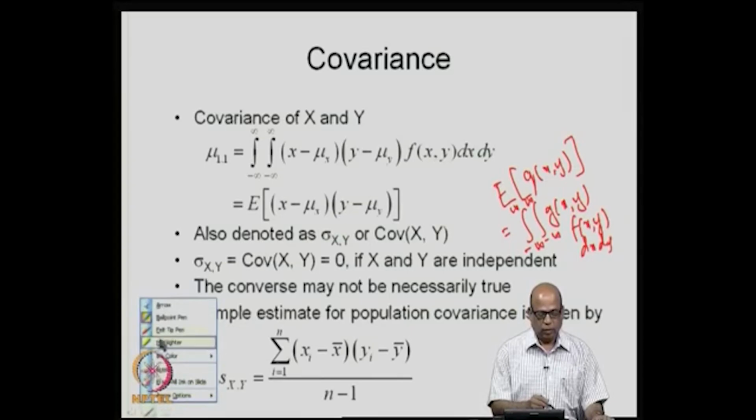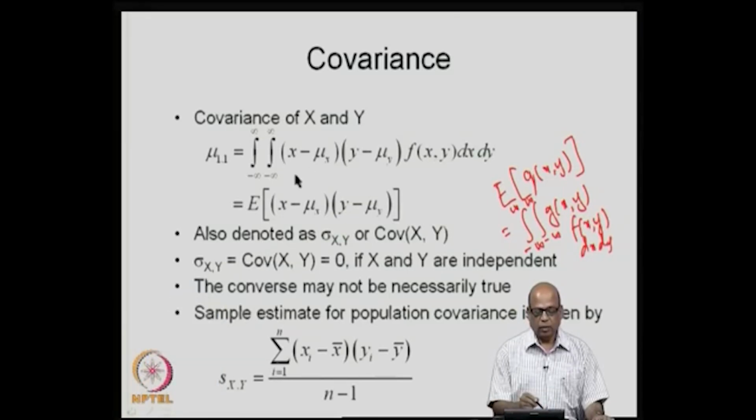We use that definition, and our function here is x minus mu x into y minus mu y, multiplied by the joint density function f of x y, and we are integrating with respect to x and y.